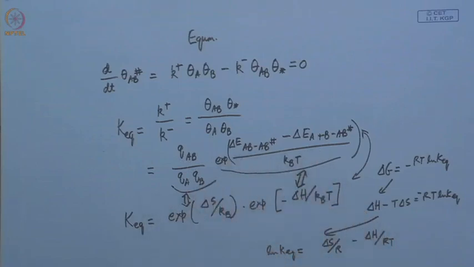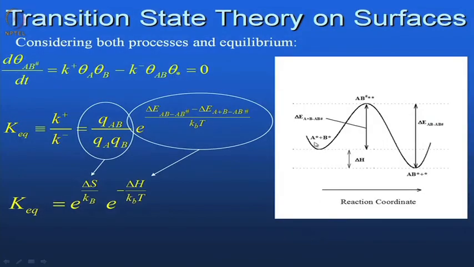If we look at the diagrammatic representation, this is your potential well for A star plus B star. This is your activated complex, or the transition state, AB double dagger star.